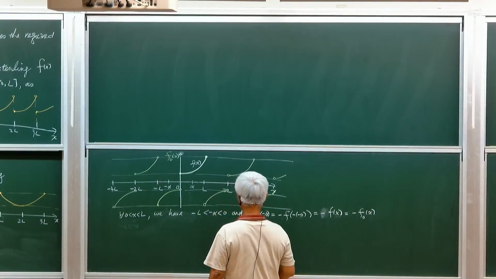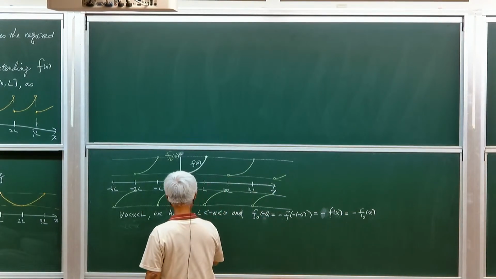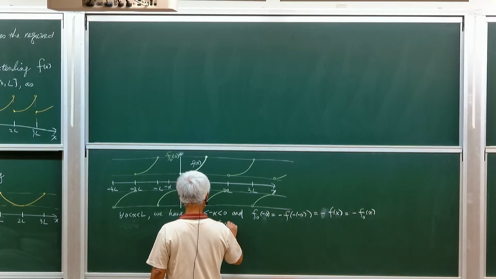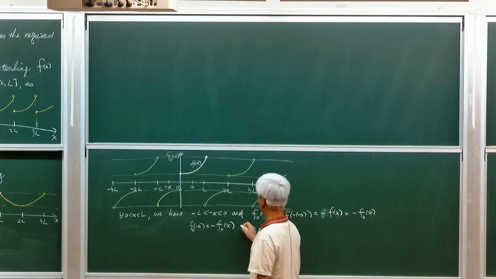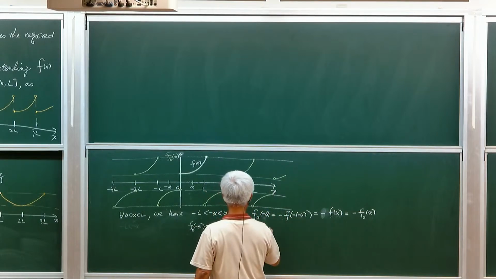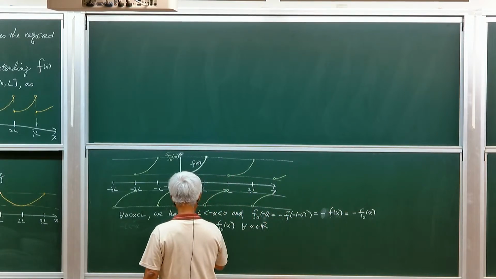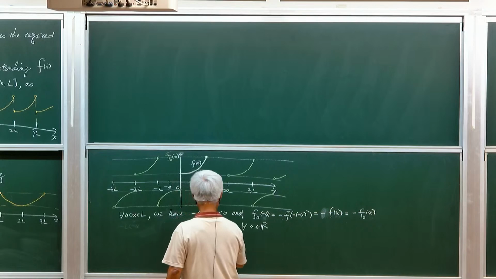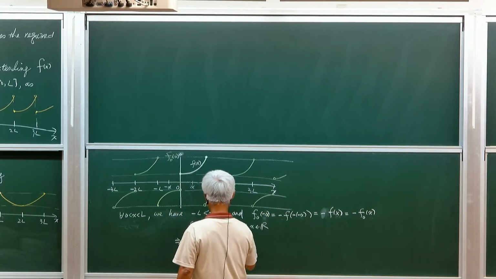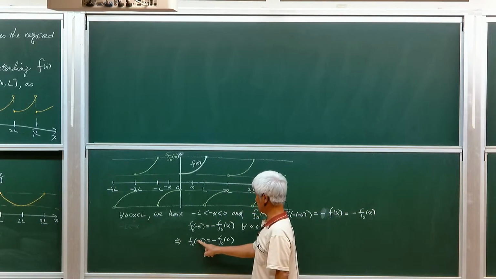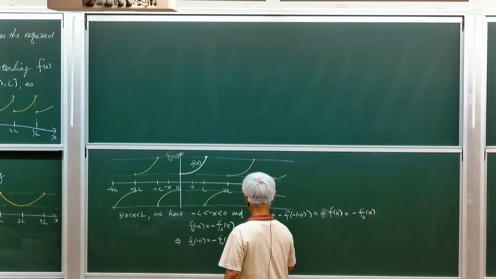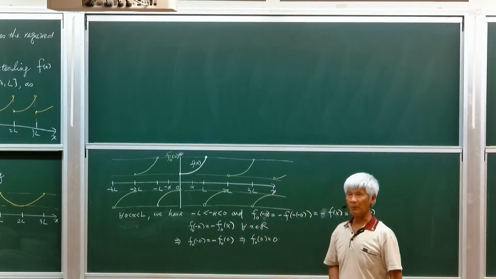But as we know, to be an odd function, f odd of minus x is equal to minus f odd of x for all x in R. So this implies that f odd of minus 0 is equal to minus f odd of 0. But minus 0 is 0. So this implies f odd of 0 should be equal to 0. Right? So this is a must.